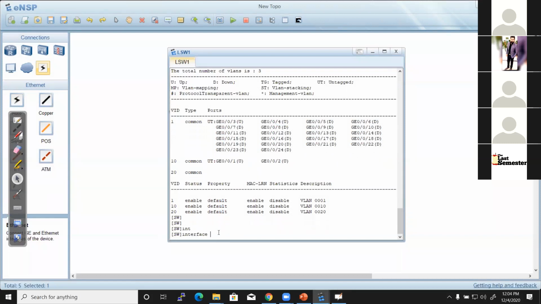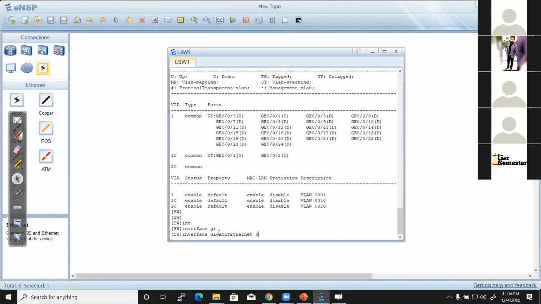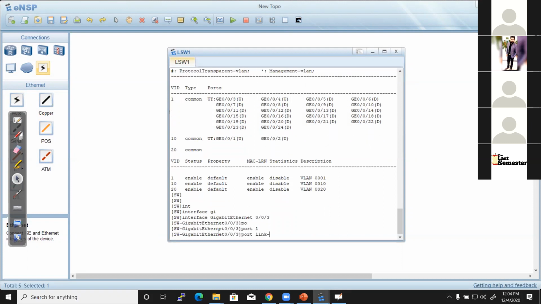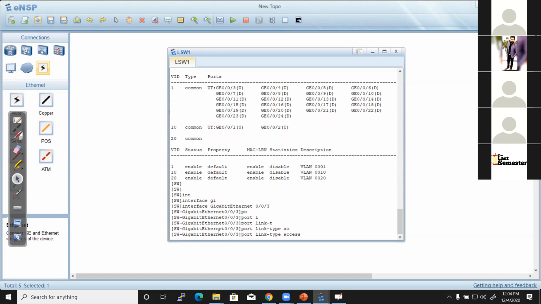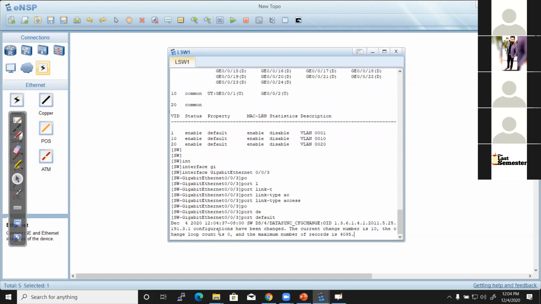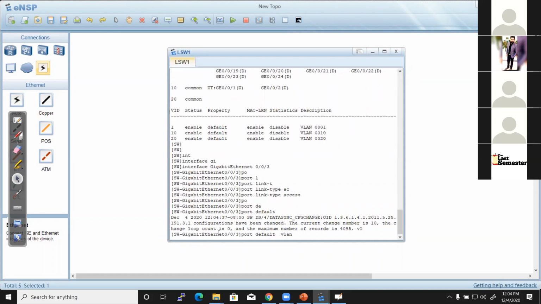Now I need to go to interface 0/0/3, and I say port link-type access, because we are talking about the edges, and port default vlan 20, because one of the accounts guys is sitting against this interface, so I need to isolate him into VLAN 20.